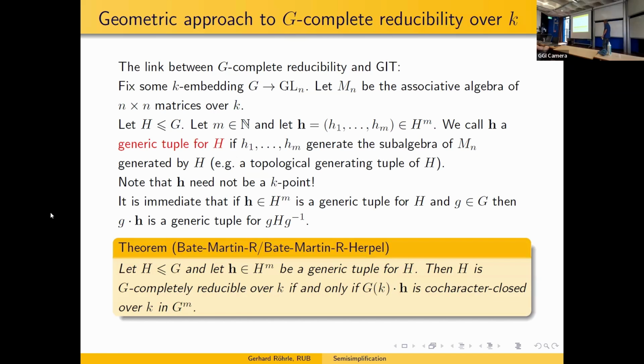So I have a subgroup, I pick a generic tuple, as I said, this always exists. And then H is G-completely reducible. So that's a purely algebraic notion. Like if it's in a parabolic subgroup, it's in a Levi subgroup of that parabolic subgroup. That's the case if and only if this rational orbit, G of K of this tuple, is co-character closed. And that's a geometric statement.